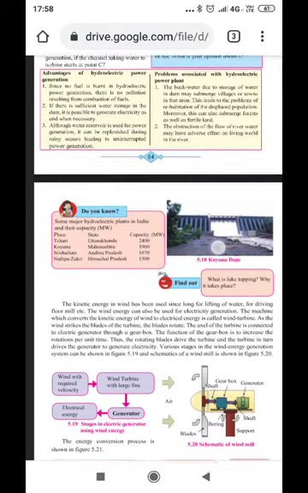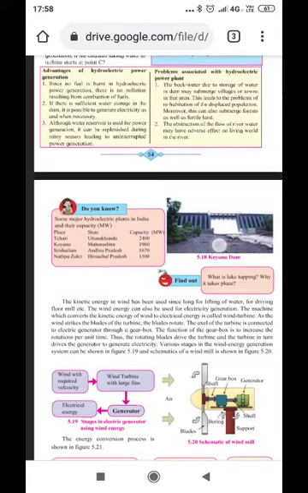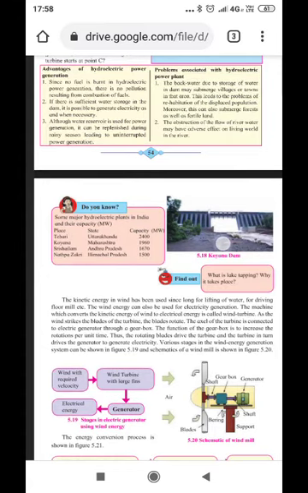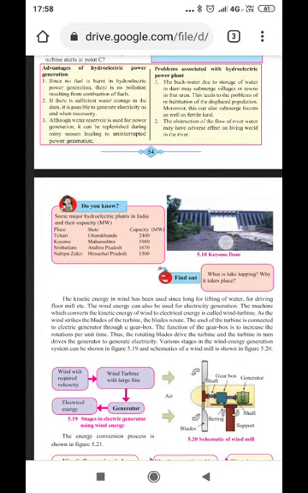But what are the problems faced due to hydroelectric power plants? The backwater due to storage of water in a dam may submerge villages or towns in that area. This leads to the problem of rehabilitation of the displaced population.